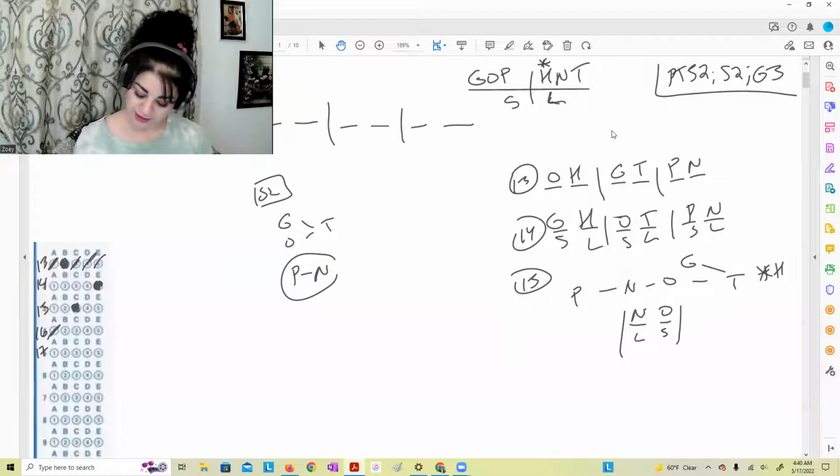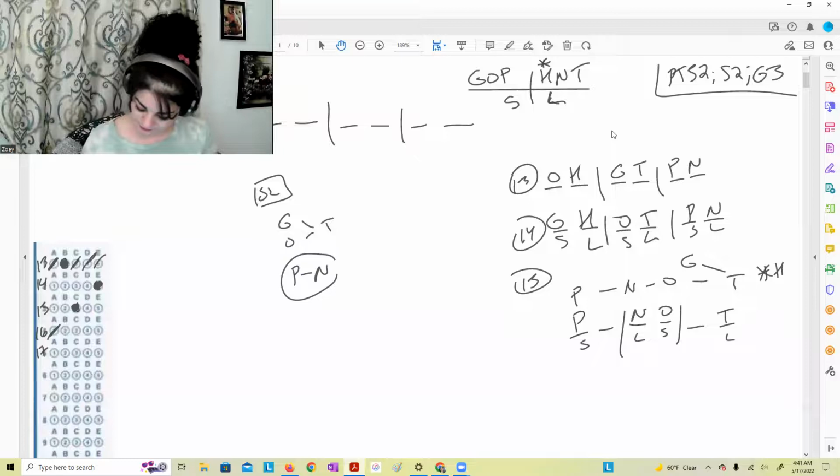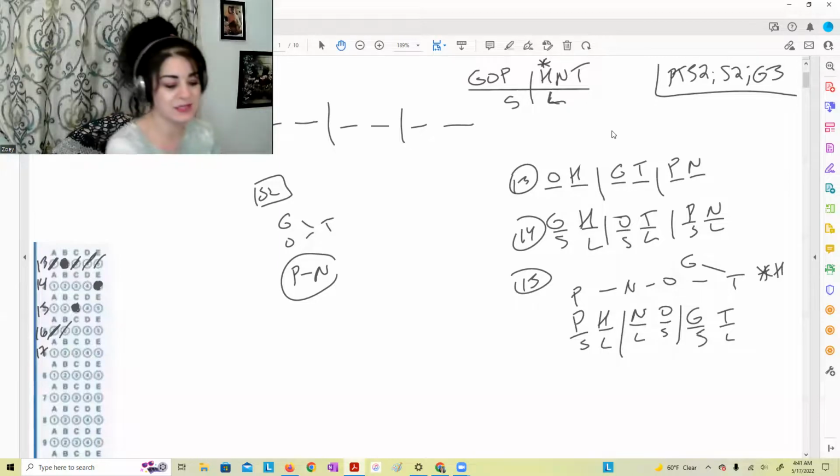So O could be in that position. And then we could also do, let's see, T is long. There we go. See, O could be in that position. Wait, that was C.